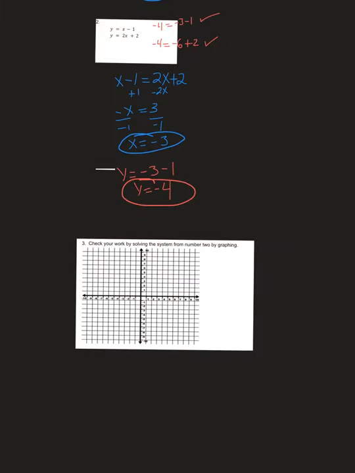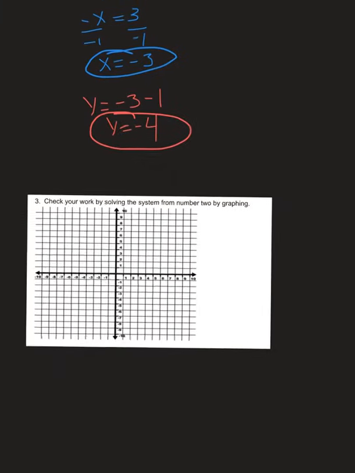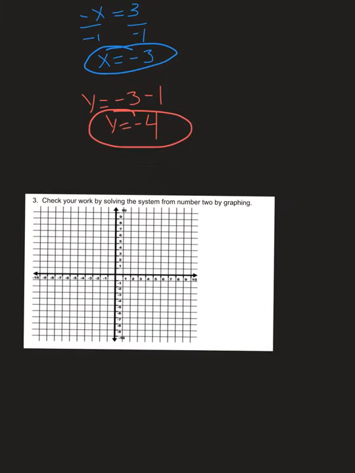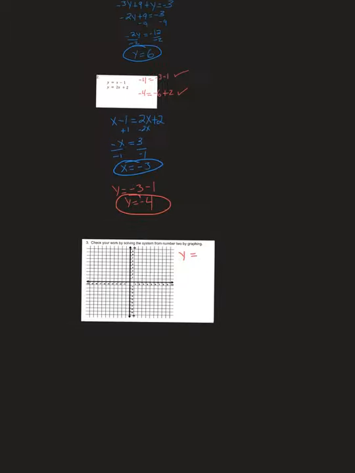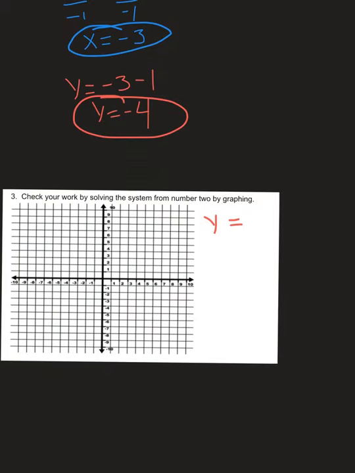I'm going to write down the equations down here so we see them. y equals x minus 1 and y equals 2x plus 2. So what we have to do is graph both of these.